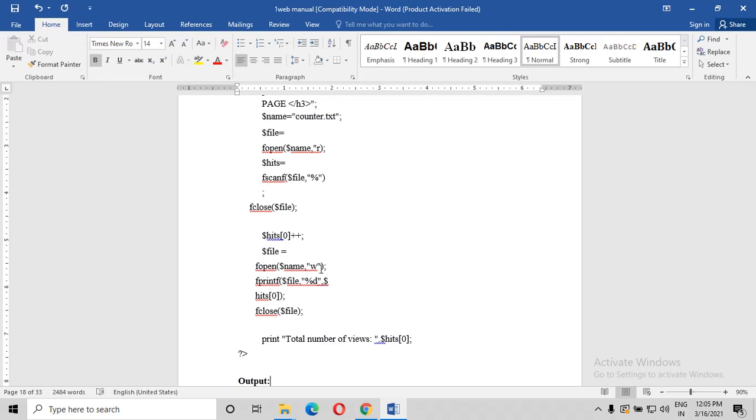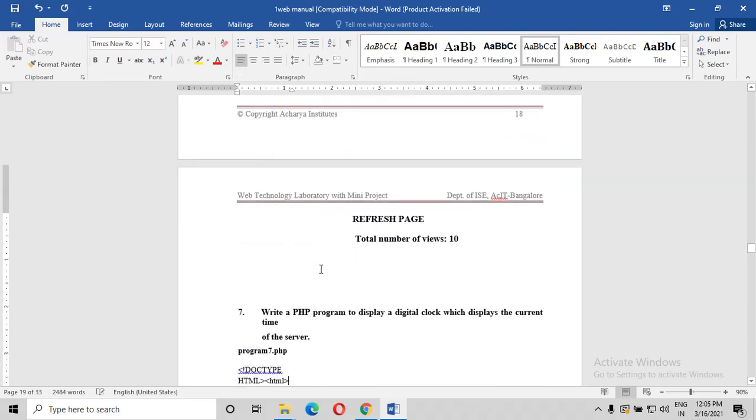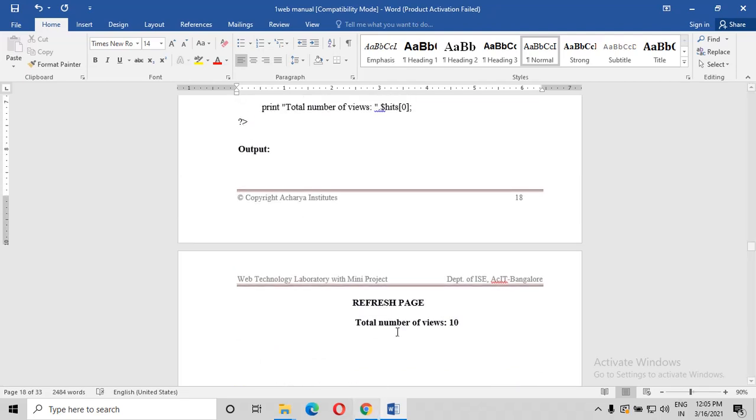Then hits, then you close the file. In the print, total number of views, $hits, it will give you the output, and you close the question mark and angle bracket, which closes this PHP, right? And the total refresh page, how many pages it displays, that many.